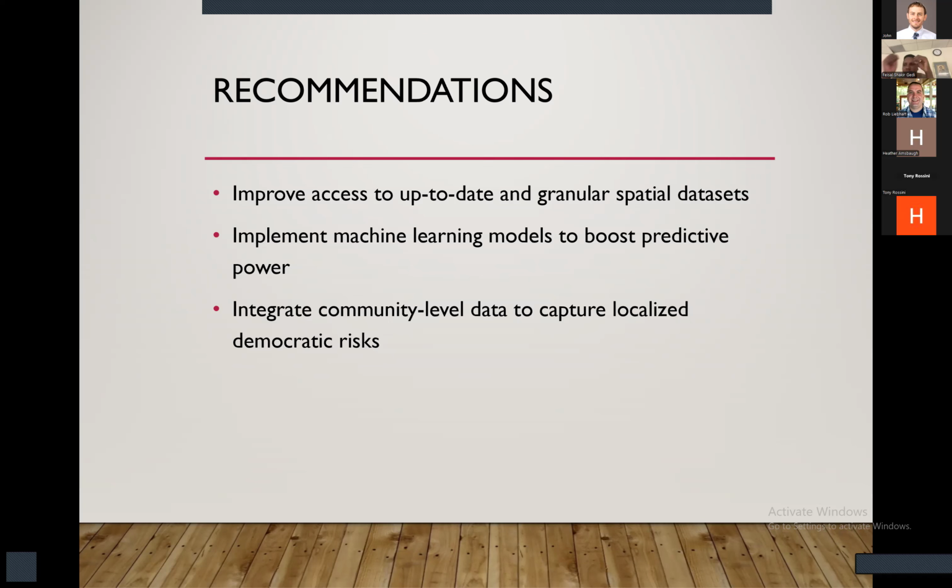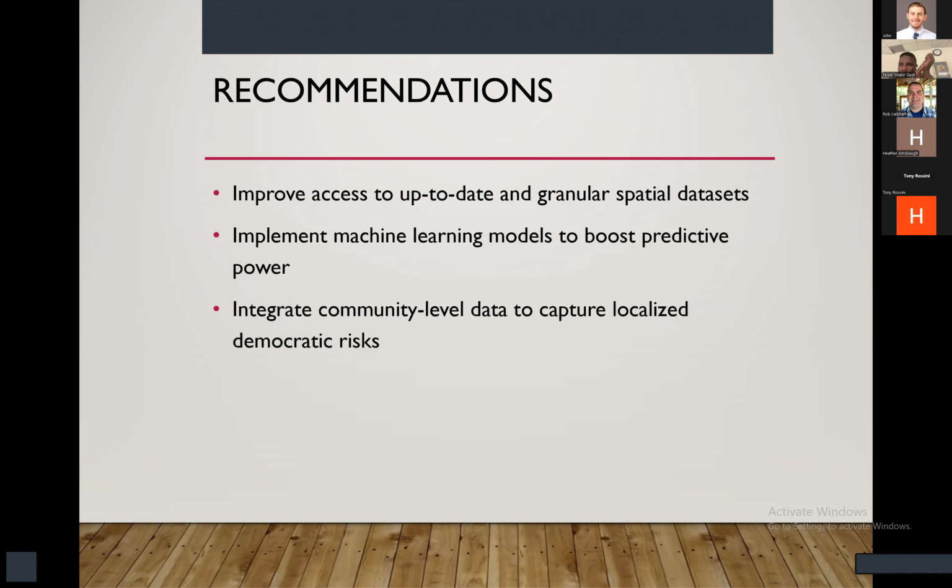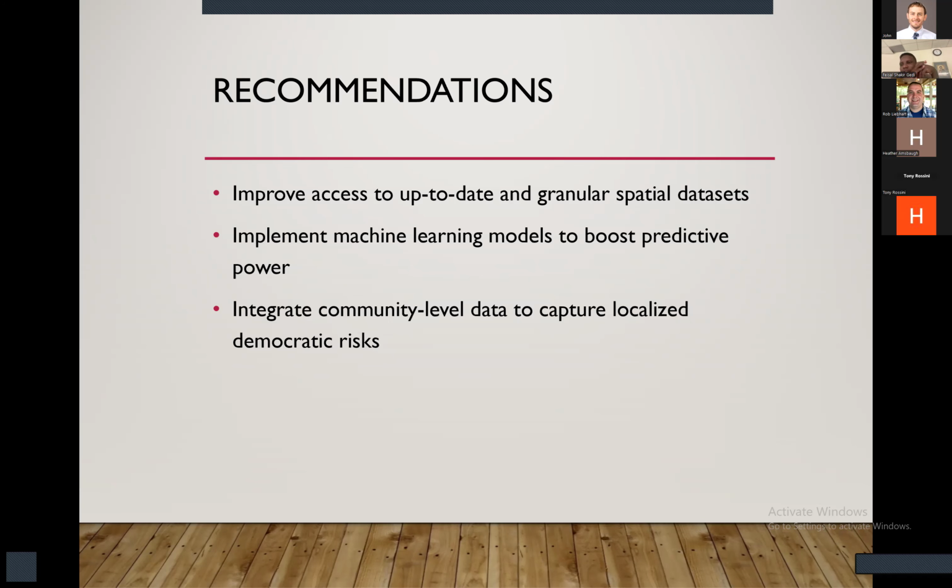Based on the findings and the limitations of this Capstone project, I propose three core recommendations to improve the accuracy and impact of geoanalytical studies on democratic collapse in West Africa.